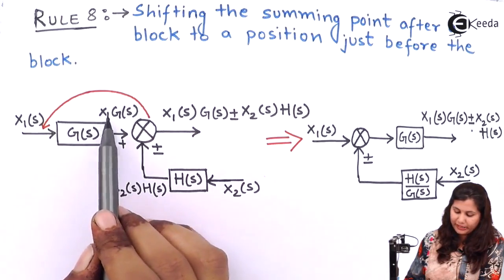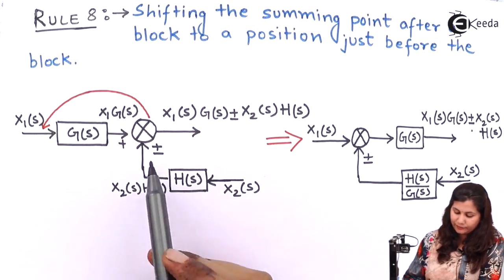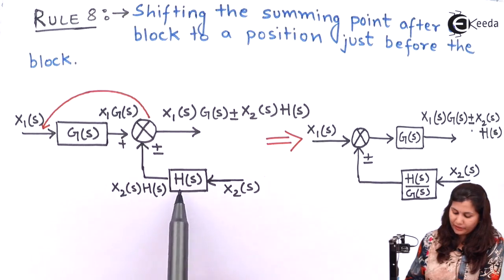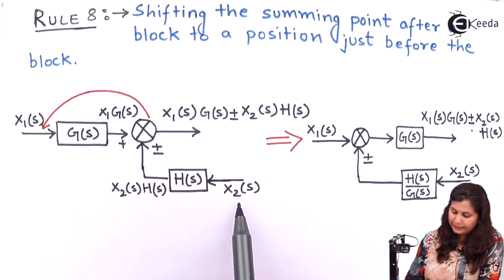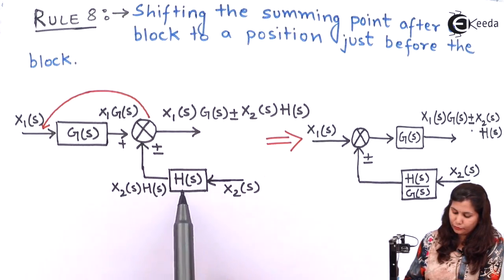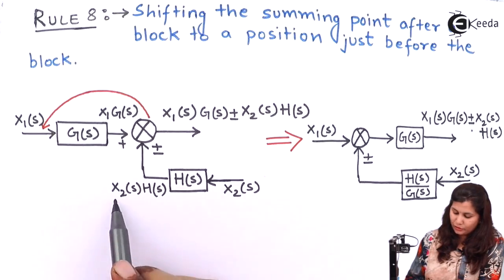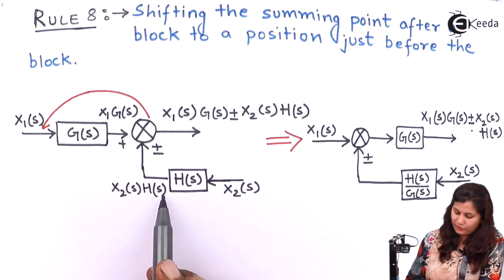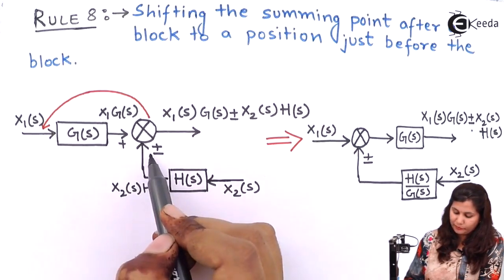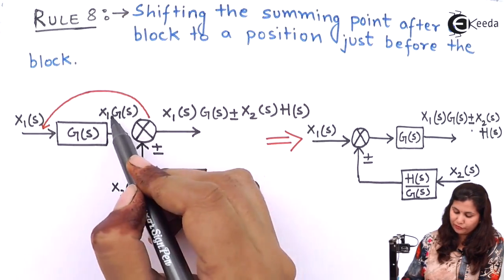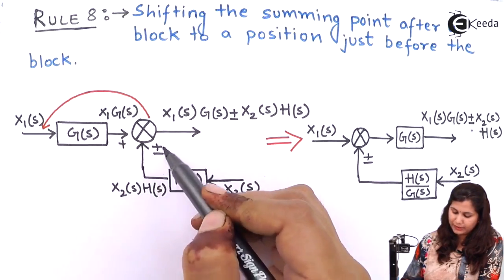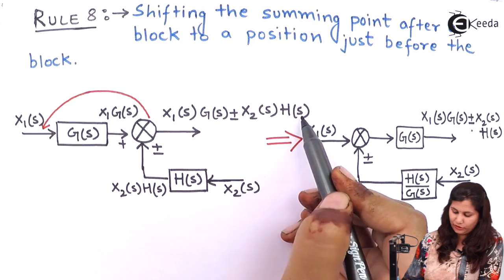So the output will be X1(s) G(s), and in this summing point we have this signal, and X2(s) is the input to this H(s), so the output will be X2(s) H(s). Now you have to sum up these two signals, so the output will be X1(s) G(s) plus minus X2(s) H(s).